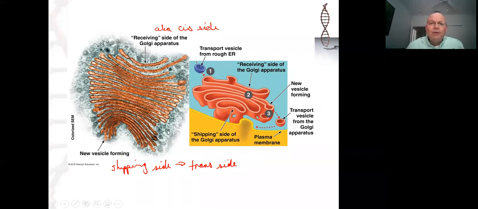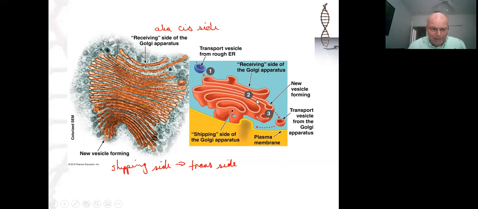So when the transport vesicles bring the polypeptides from the rough endoplasmic reticulum, its membranes merge with the membranes of the Golgi apparatus. The proteins and polypeptides then enter the Golgi apparatus and pass through. They may get stored for a period. They may get chemically modified.